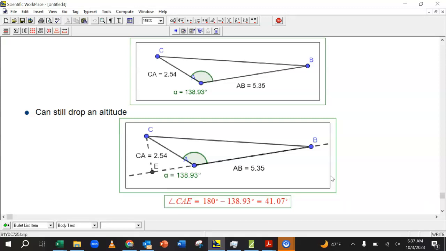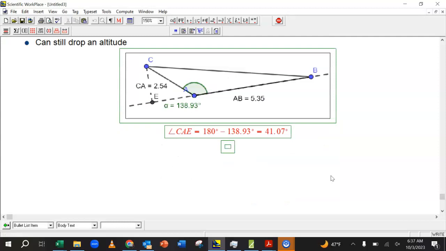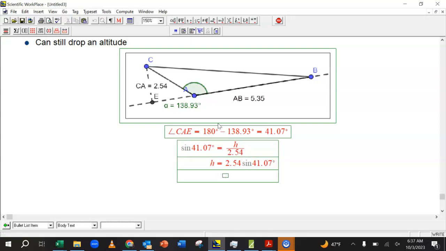Okay, and now it's extremely like the previous. We now know that sine of 41.07 degrees equals h. We still call that height h. So that's CE now, the height over 2.54. Now h equals 2.54 sine 41.07 degrees, and the area. So we'll show you the slick way again. 1/2 times the base. Make it more explicit.